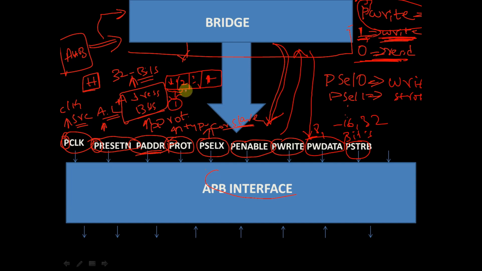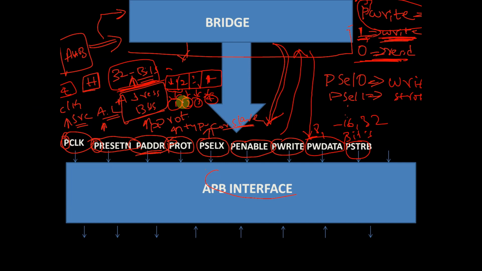Here we have one strobe signal. For the second byte, we have another strobe signal, and for the third byte, we have another strobe signal, and for the fourth byte, we have another. So for 32 bits of data or 32 bits of packet, we have 4 strobe signals like this.